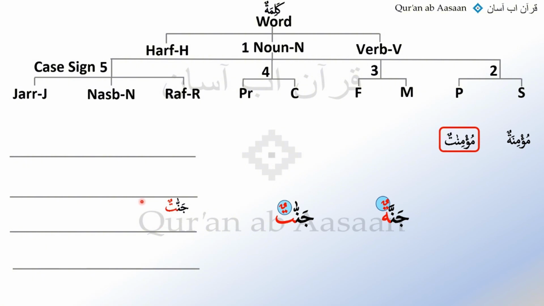Just like in the male nouns, we emphasized the ending sound una, ina, ina. Here for female nouns, we would emphasize the ending sound as well. Atun for rough, atin for nasb, and it remains the same in jar, atin. So say it out loud at your end. Jannatun, jannatin, jannatin. Atun, atin, atin.